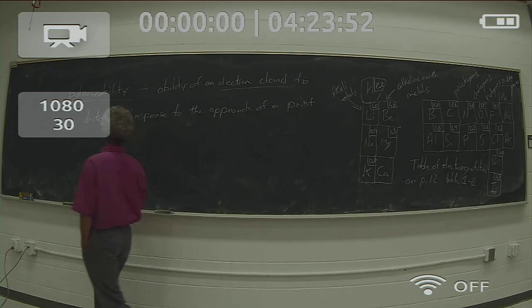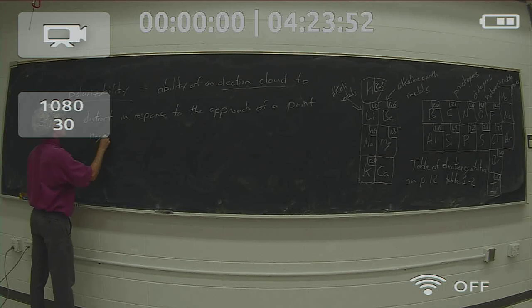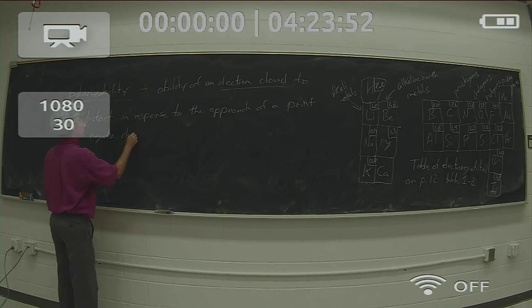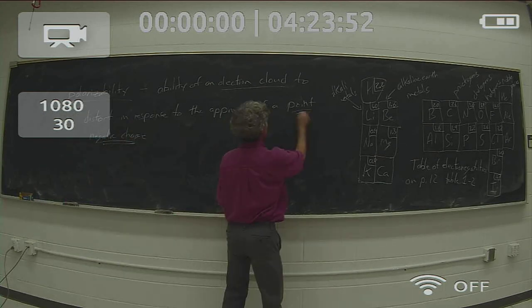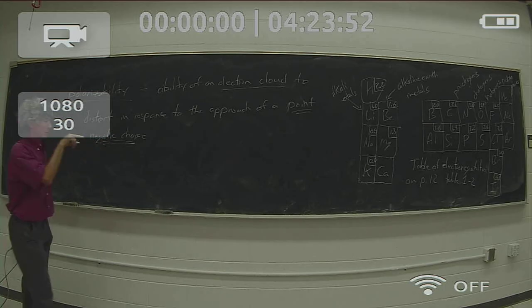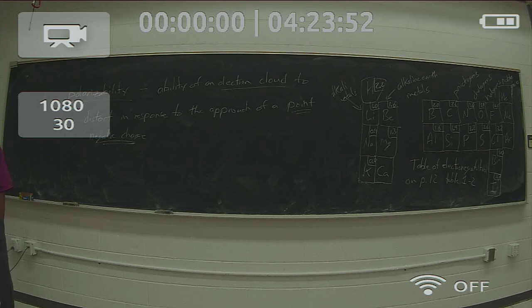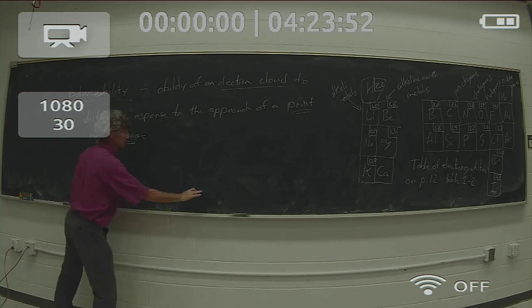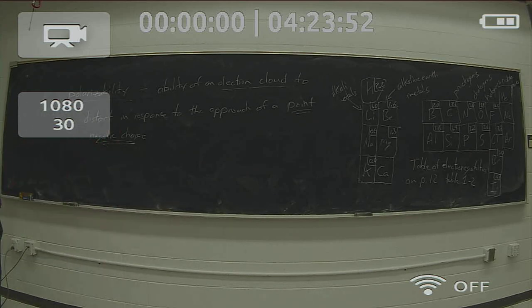There is, of course, no such thing as a single point negative charge. But if you would imagine a negative charge on the point of a pin, that's a pretty good representation of a point negative charge. And a highly polarizable molecule will have this ability to distort in response to the approach of that negative charge.